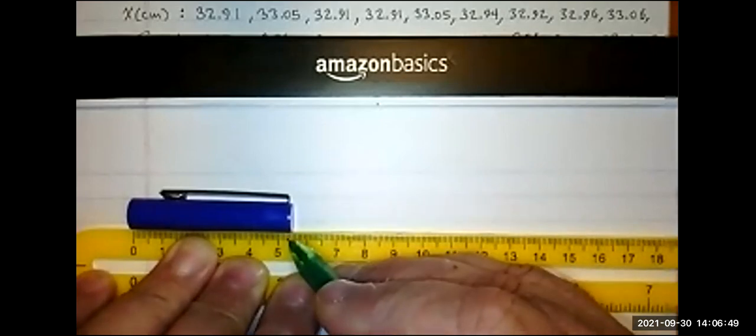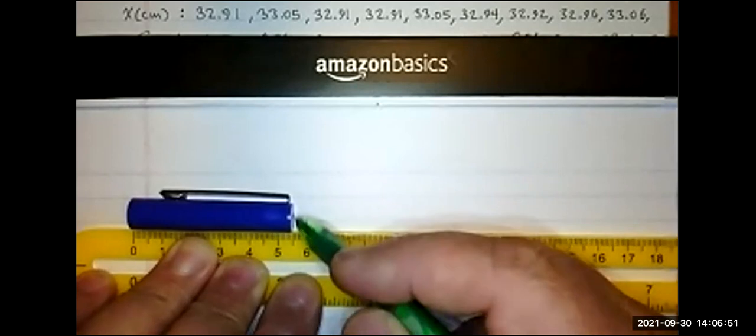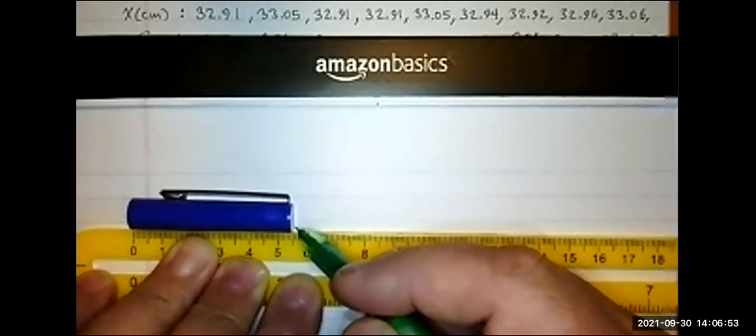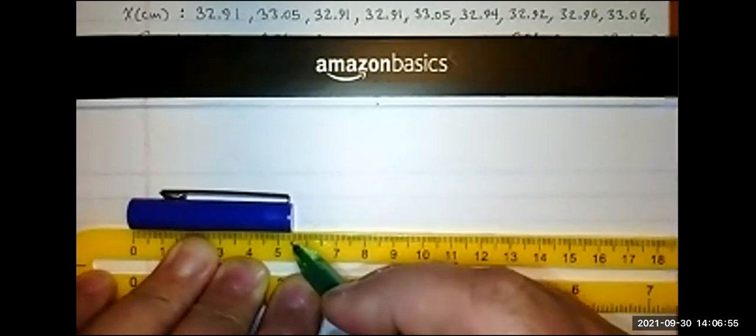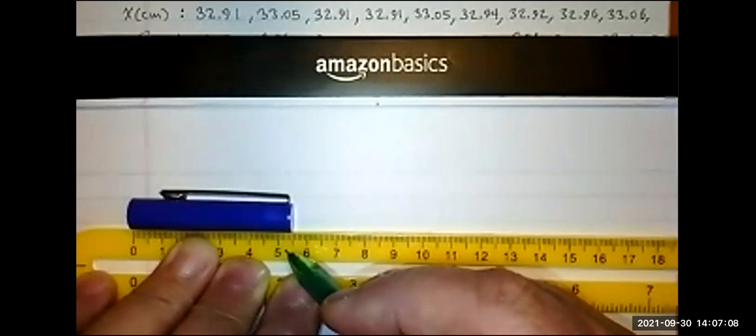So I would say this thing, since it's a nice flat edge, there's no divots in and out and stuff like that, I think I can measure this to tell the difference between 5.46 and 5.48, or maybe even between 5.45 and 5.47.